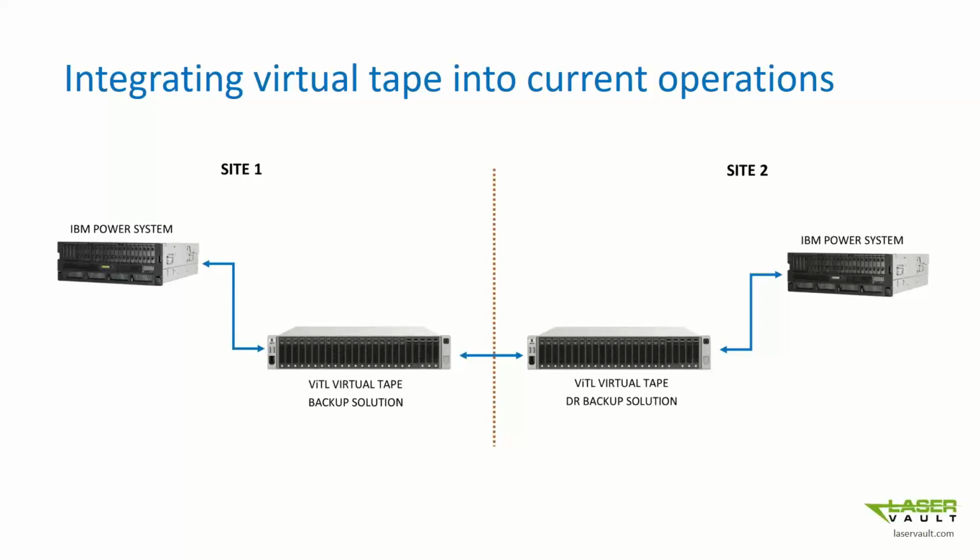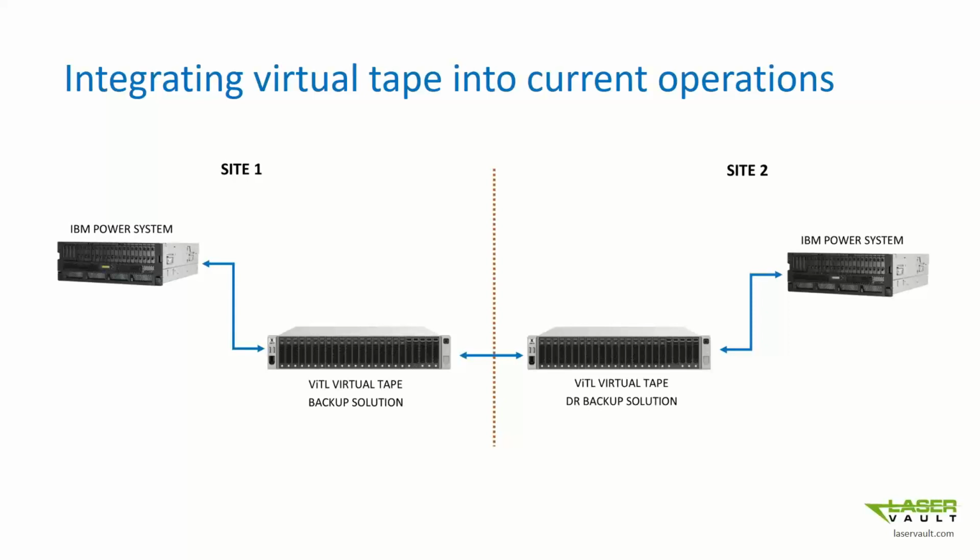Then we also are going to talk about replication, so that with these virtual tape backup solutions, there can be two of those, one at a production site or DR site, another one at a production or DR site, and the ability to replicate those backups from one virtual tape server to the other across a wide area network.